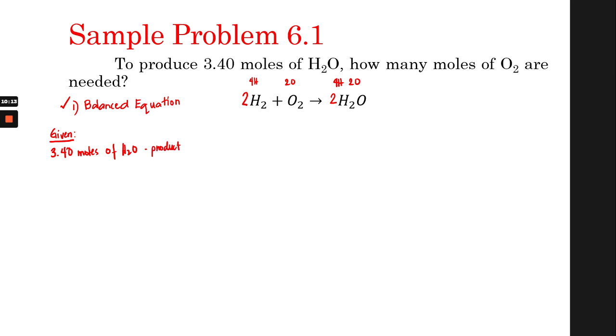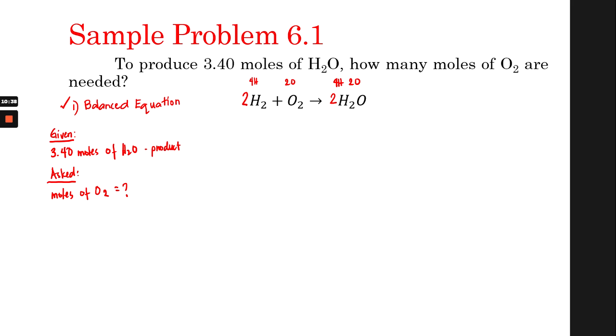And what it's asking is how much oxygen do we need in order for us to create 3.40 moles of H2O. So it's asking how many moles of oxygen we need.